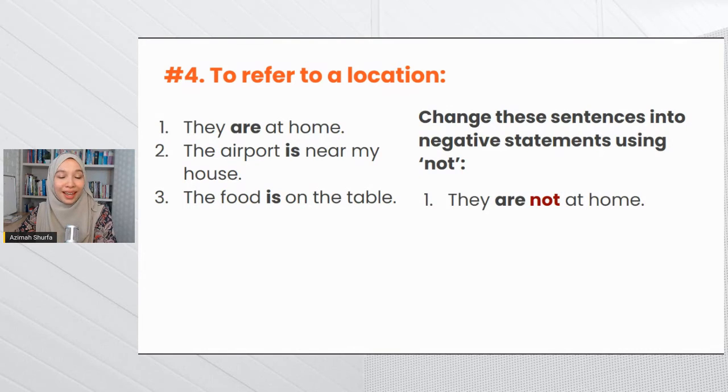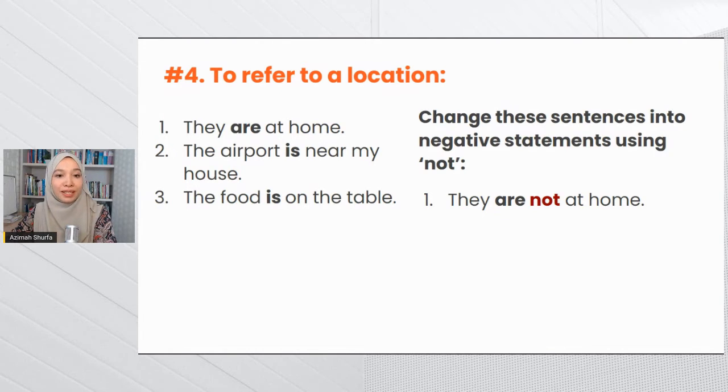They are not at home. Okay, so you still have to have the be verb. You cannot say they not at home, which is a common mistake. I especially detect this among Malaysians. They just say they not, without the are. So we should have the be verb there. Don't skip the be verb.